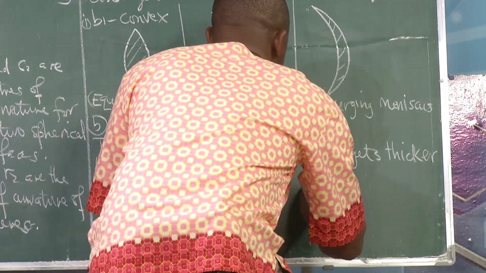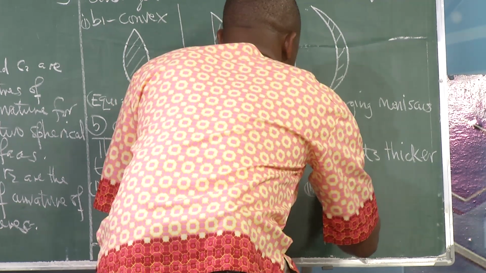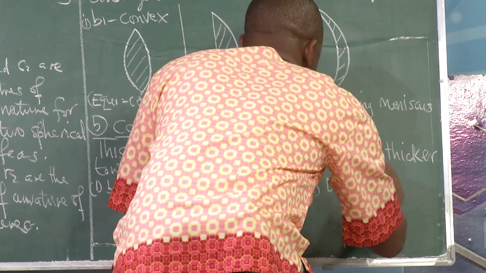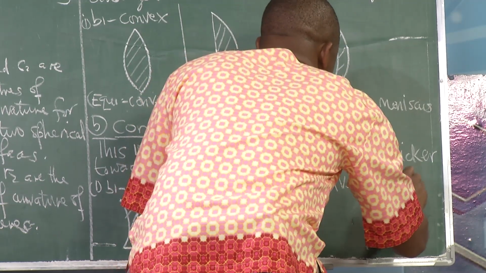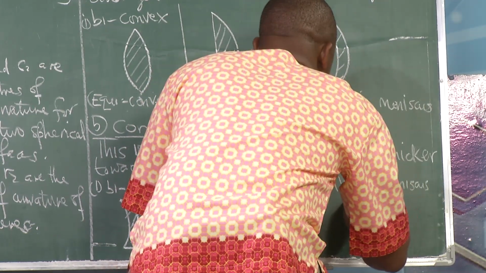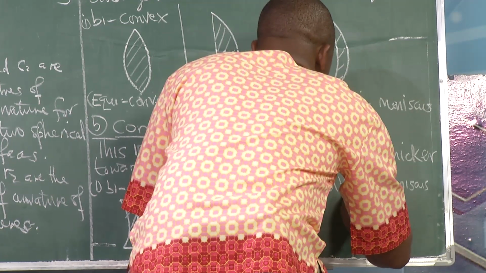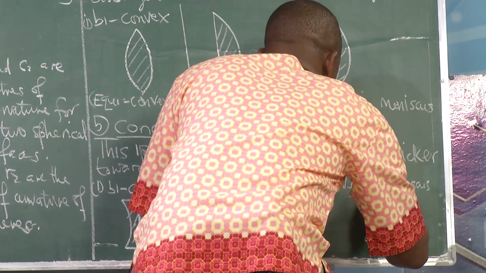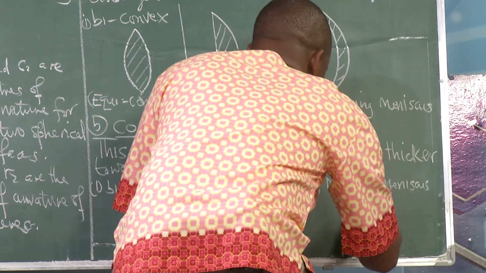And the third type is the diverging meniscus, which we can also draw like that.